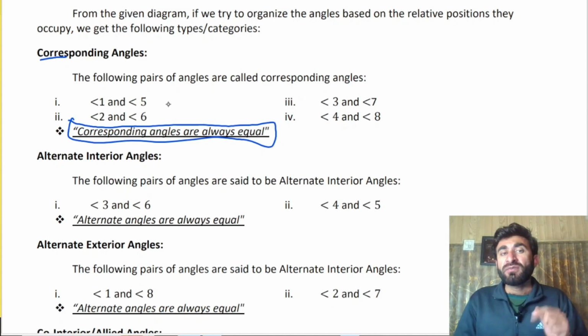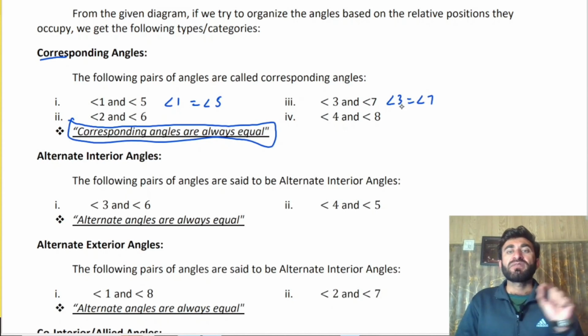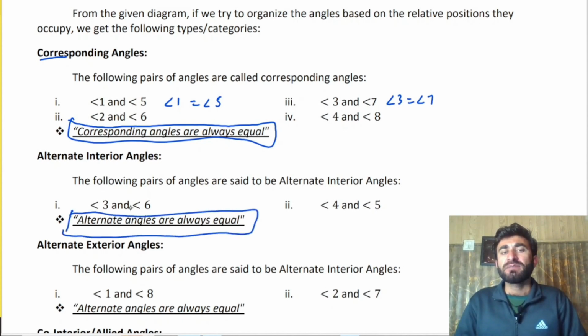So if 1 and 5 are corresponding, angle 1 will be equal to angle number 5. In a similar manner, angle number 3 will be equal to angle number 7, because corresponding angles are always equal. Similarly, the alternate interior angles are also equal, which means if angle number 3 is alternate to angle number 6, angle 3 will be equal to angle number 6, and in the same manner angle number 4 will be equal to angle number 5.